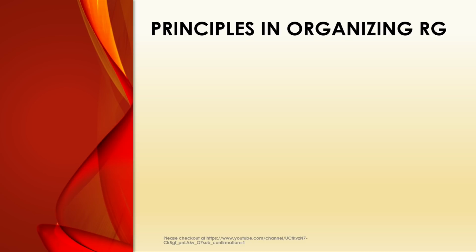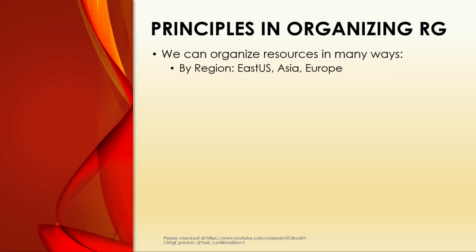So let's talk about the principles in organizing resource groups. We can organize resources in many ways: by region, it could be East US, Asia, Europe, whatever, so it depends on your region. It can depend on your department, like RG-IT for your IT department, RG-marketing for your marketing, RG-HR for your HR department.